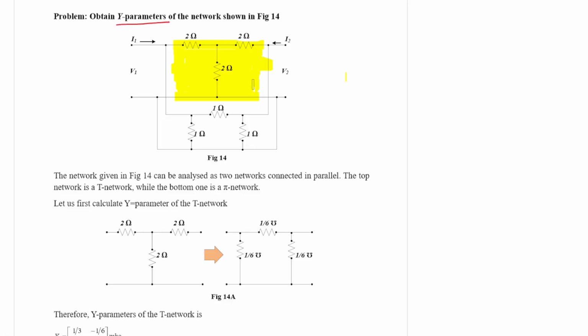On the other hand, this is a pi network shaded by green.